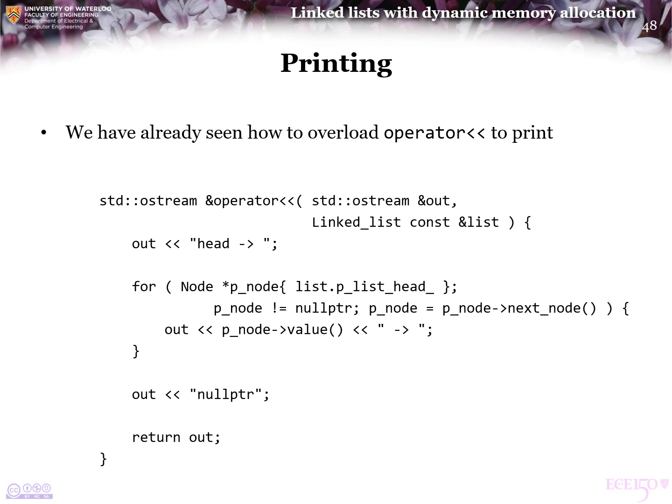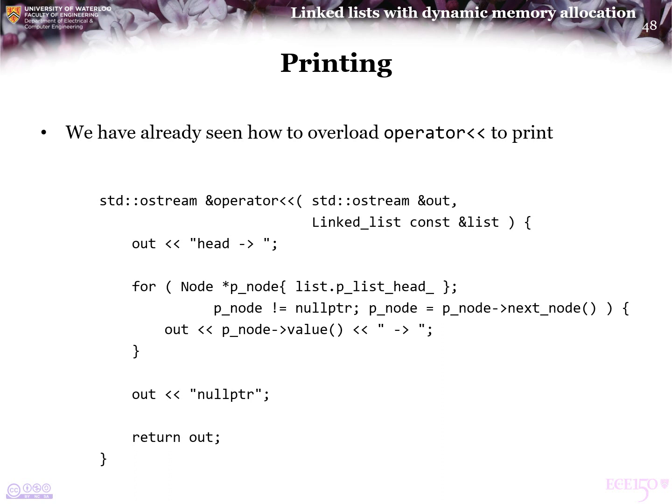Then we will loop through the linked list, and each time we will print the value at that node, and we will then follow that by another arrow. And finally, having printed everything in the linked list, we will print the word null pointer. Notice that if the linked list is empty, we will simply have head right arrow null pointer.